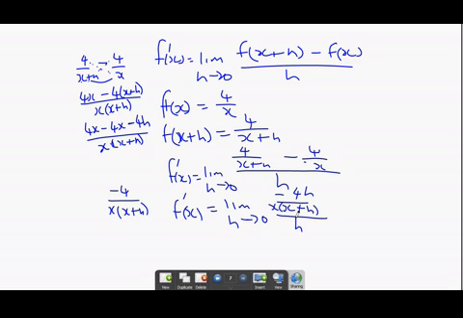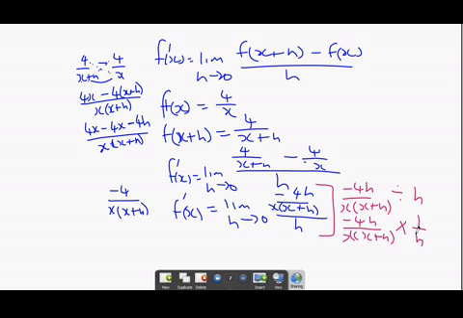Now, to simplify this thing, remember it's minus 4h over x bracket x plus h, and it's being divided by h, which means it's minus 4h over x bracket x plus h times 1 over h.